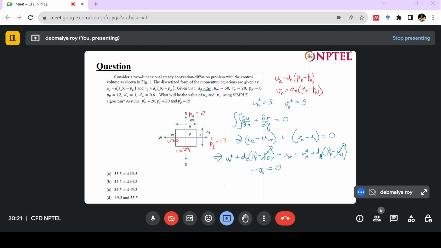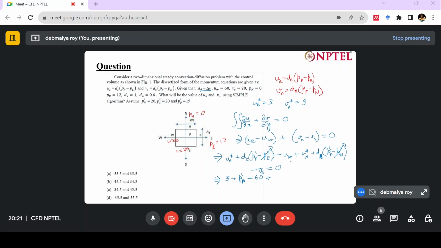So what we arrive at is basically this is UE star, which is 3, plus DE is 1, and this is PP dash, minus this is 60, plus Vn star.